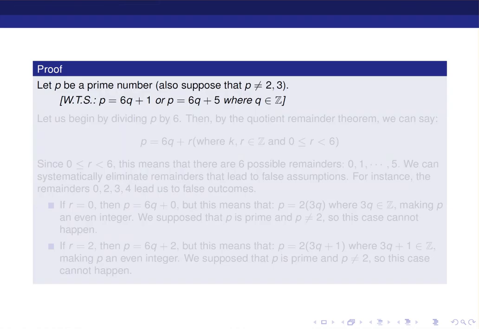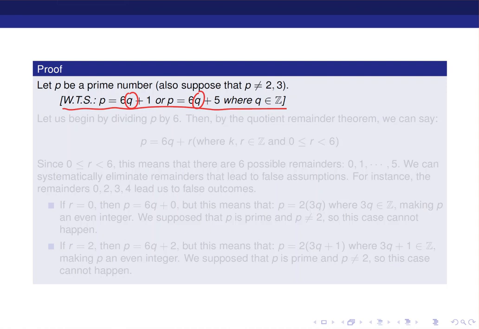So we're going to begin by taking a prime number and dividing it by 6. Why am I dividing it by 6? Well, in my question, they want me to show that the prime number looks like 6q plus 1 or 6q plus 5. So I'm seeing 6 in front of both of those forms, so it makes sense to divide the prime number by 6.